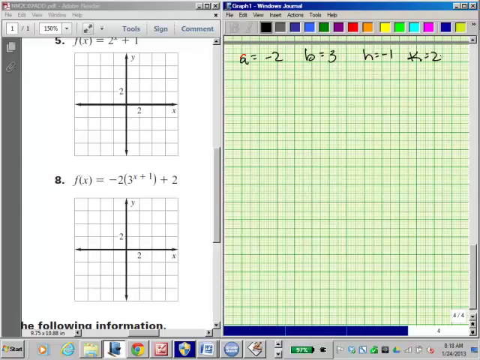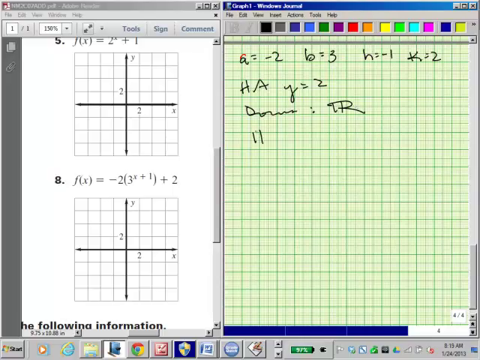The parentheses are superfluous. They're there to confuse you, or to test you, I should say. So we have a horizontal asymptote at y equals 2. The domain is all reals. The domain is unaffected by h.